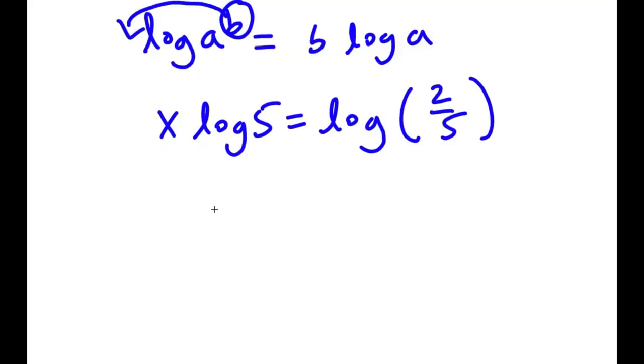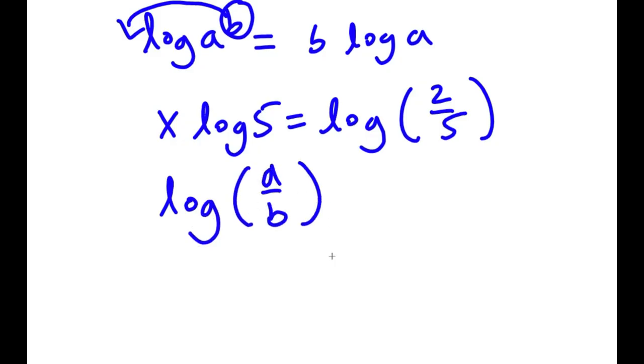Now another property of logarithms is that if I have something in the form log a over b, this is equal to log a minus log b.